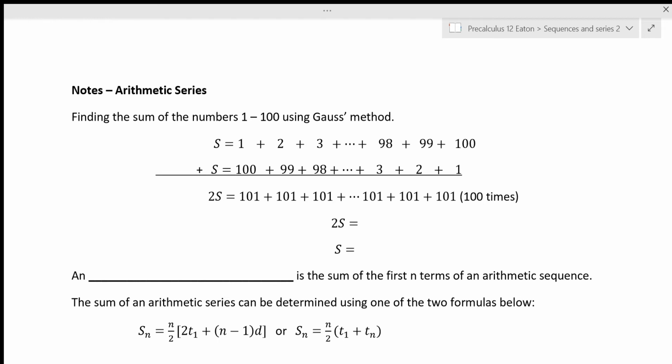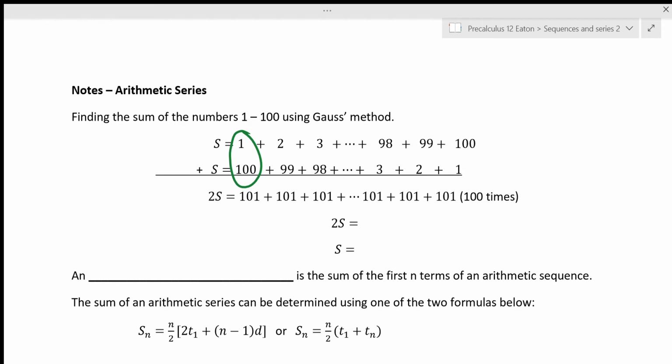And we notice when we line the numbers up back to front that each individual sum, so we have 1 plus 100, 2 plus 99, 3 plus 98, they all add up to 101. So that's lovely. If we have 100 numbers in this sequence and we're adding them up, we have 101 that we're going to be adding 100 times.